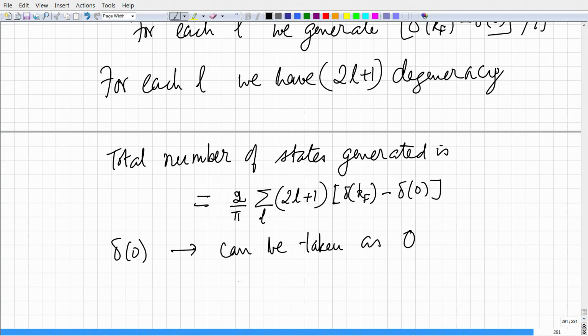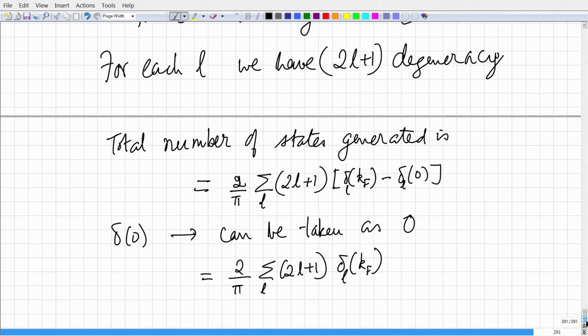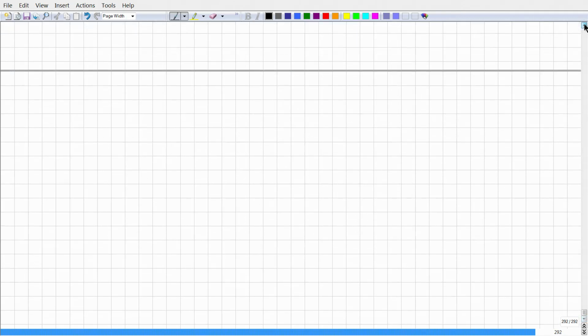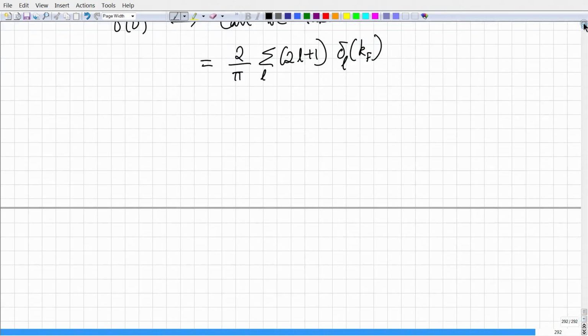So, once we do that, the total number of states generated is equal to 2 by pi sigma over L, 2L plus 1 into delta L Kf. Delta depends upon L, the angular momentum. What the Friedel sum rule says is that this should be equal to the number of extra electrons in the system.